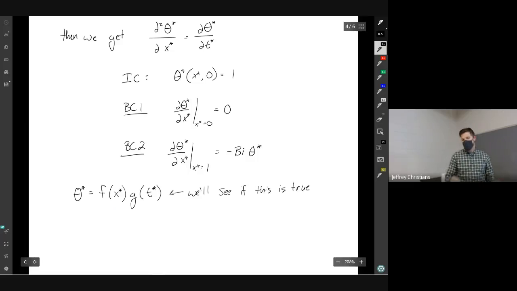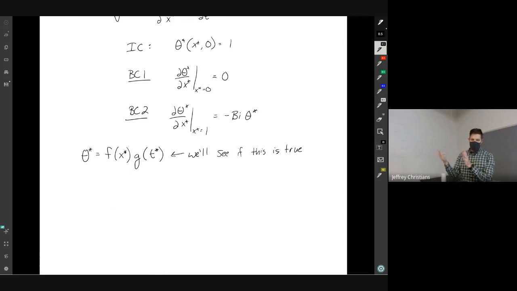So we're going to just say, what if this were the case, right? It doesn't depend on position and time together. These are two somewhat independent parts. It has to depend on both position and time, but what if they're separable? It depends on one function of position and one function of time.